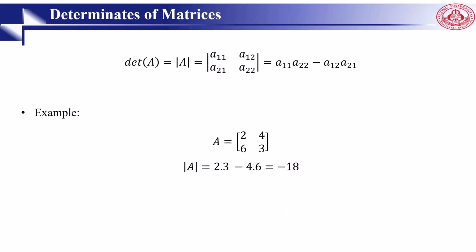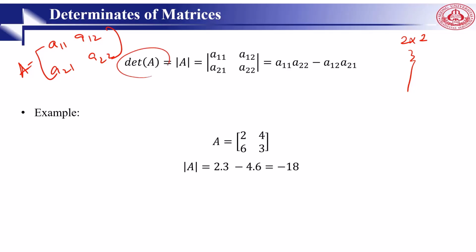Sometimes we need to find the determinants of matrices. The determinant of a matrix is a scalar value, which is a function of the entries of a square matrix. So it should be square, 2 by 2, 3 by 3, something like that. The number of rows and columns should be the same. How do we do it? If A is equal to A11, A12, A21, A22, the determinant we show like this or like this, same.